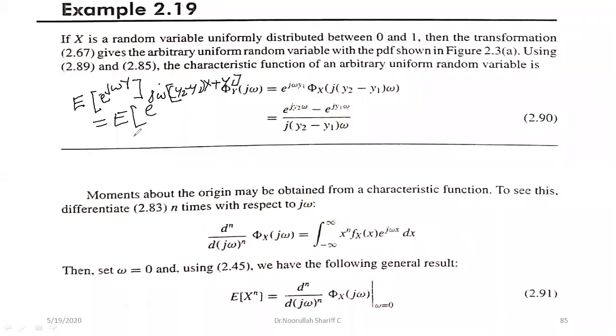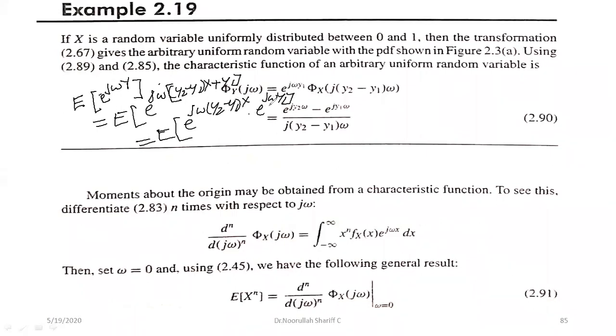If you simplify this, you will get E[e^{jω(y2 − y1)x}] multiplied by e^{jωy1}. And this is just a constant, so you can take it out, and that is what he has done here.